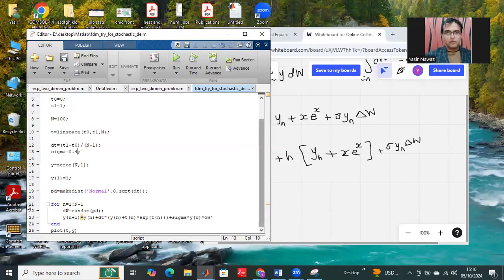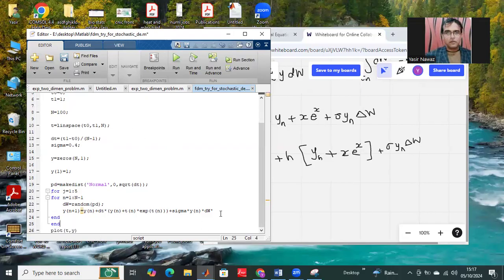Even I can use one more loop. I can use an extra loop for j equal to 1 to 5, and then this will be n here. I can plot each one.